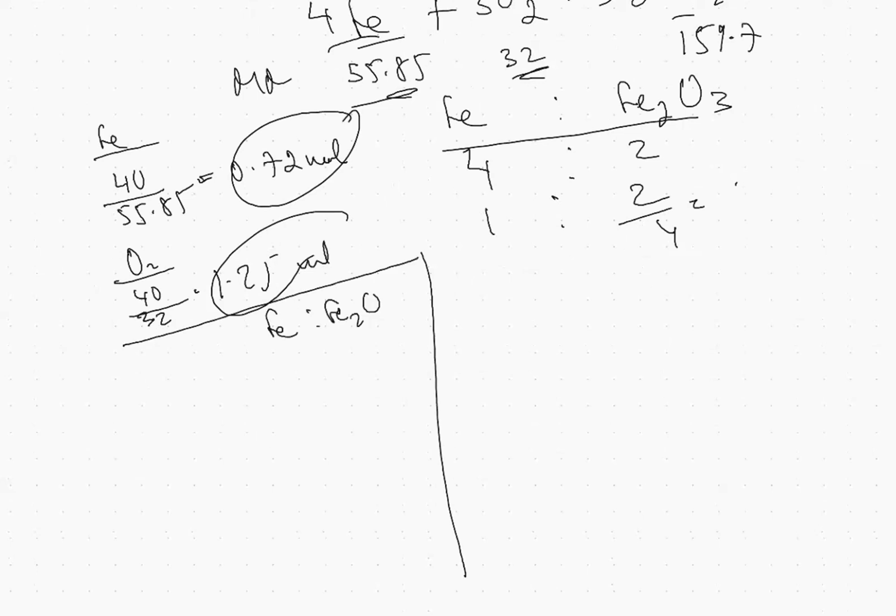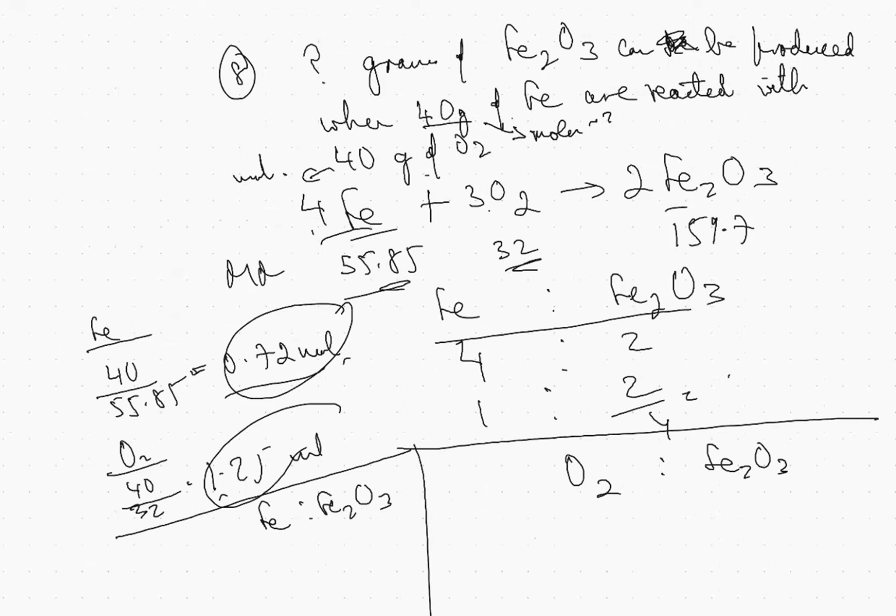We have only 0.72 moles of iron and 1.25 of oxygen. We don't know which one is limiting because if we go back to this equation, 4 moles with 3 moles give 2 moles. So if you have 6, it doesn't matter because we have only 4. So 4 would react only with 3. That limiting factor is what we are going to check.